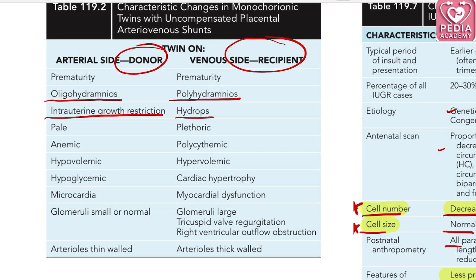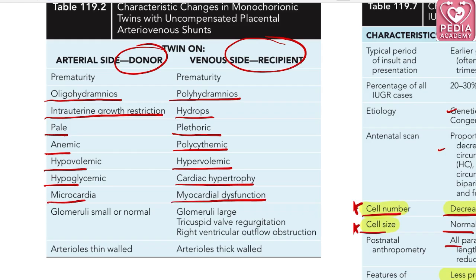For the same logic, the donor twin will be pale, and the recipient twin will be plethoric, polycythemic, hypervolemic, with cardiac hypertrophy and myocardial dysfunction, while the donor is anemic, hypovolemic, hypoglycemic, with microcardia. Arterial thin wall and thick wall.